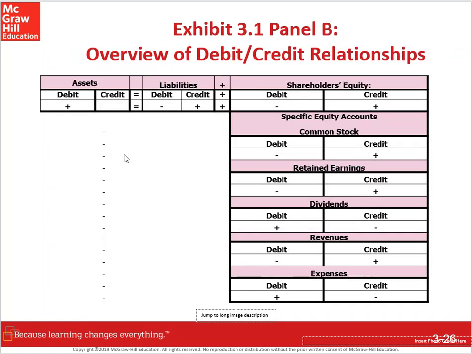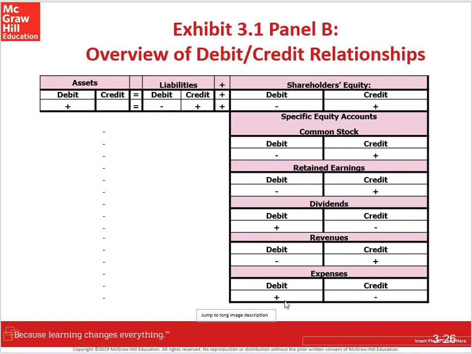You'll see this exhibit in your textbook. I think it looks a little bit better in your textbook because it doesn't have all the grid lines in there. But I kind of like this one in that specifically under dividends and expenses, it reminds you that dividends are actually increasing with a debit, but overall what that's doing is decreasing our retained earnings and our owner's equity.